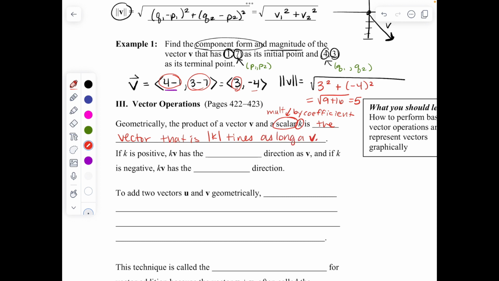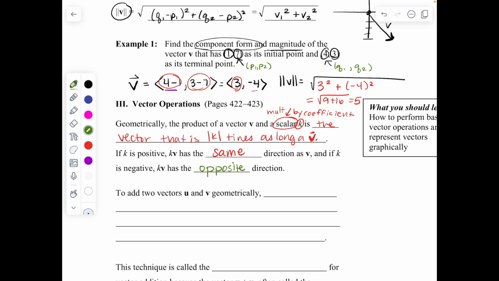Multiplying a vector by a scalar is like doubling it, tripling it, whatever that k value is. It's going to go in the same direction, but the magnitude will get k times longer than it was. If k was positive, then the vector has the same direction. But if k was negative, then the vector is going to actually reverse and go in the opposite direction.